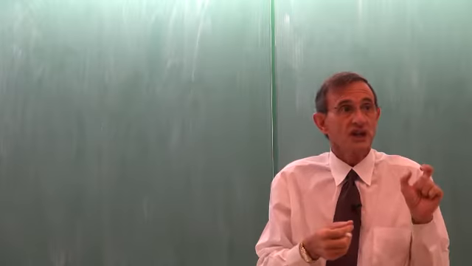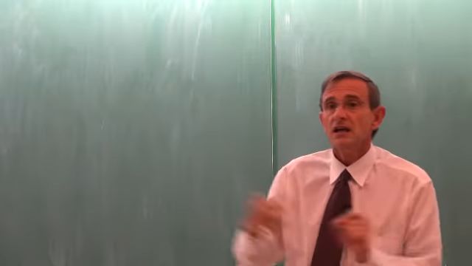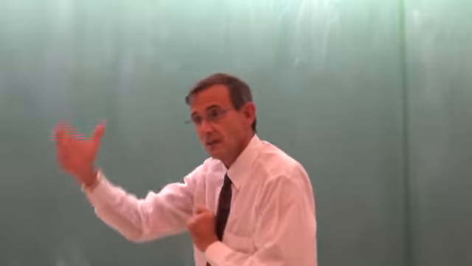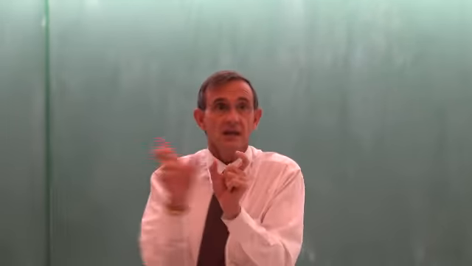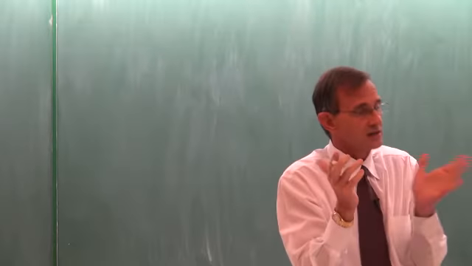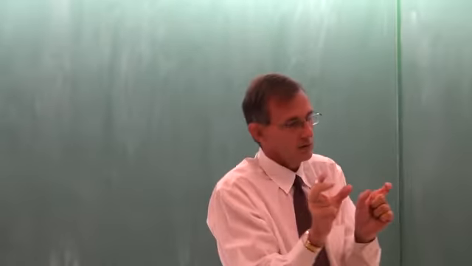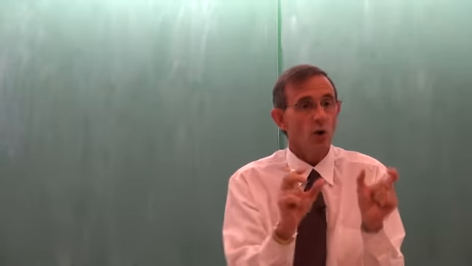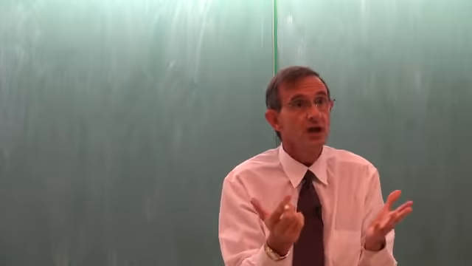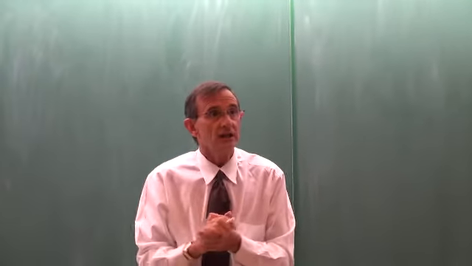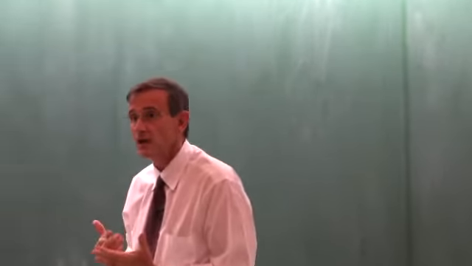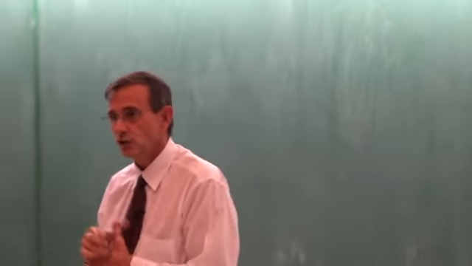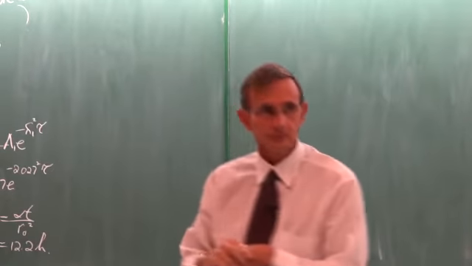Why? Because the internal resistance is much, much smaller than the external resistance. That ratio is the Biot number, and if it's less than 1 to 10, then usually it is a good rule of thumb to say that we can use the lump system approach.